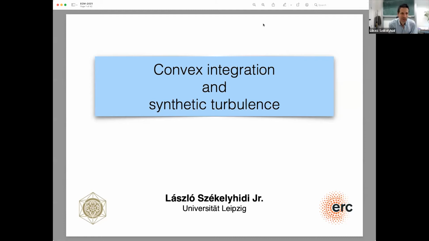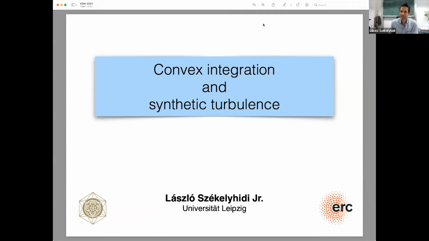I will talk about convex integration, which is a technique that has been developed quite a long time ago, but only recently adapted to fluid dynamics. And I will talk about synthetic turbulence, which is an expression that I believe was coined by Greg Eyink, whose work has been very inspiring to me.